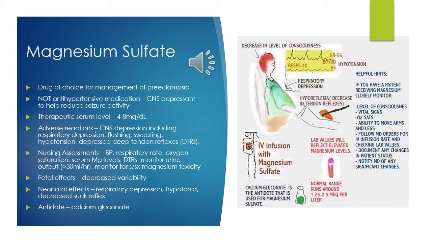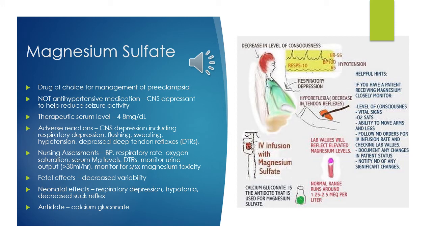Resuscitation equipment should be available, including suction and oxygen, as well as the antidote to magnesium sulfate, which is calcium gluconate, in the event there's a magnesium sulfate overdose. Fetal effects include decreased variability. Neonatal effects include respiratory depression, poor tone, and decreased suck reflex.